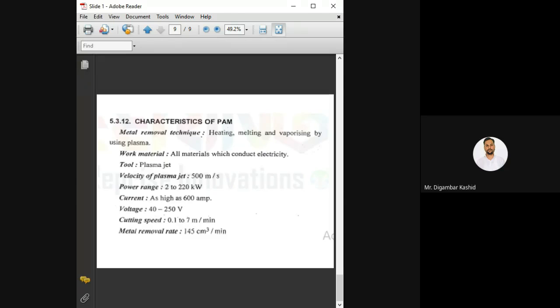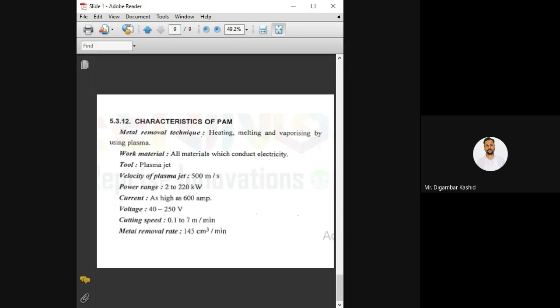If you direct a high velocity jet of high temperature, maybe near about 8,000 to 11,000 degrees Celsius, that much high temperature ionized gas on a workpiece, then this high temperature plasma jet melts the material of that workpiece, and material removal takes place. That is simple.